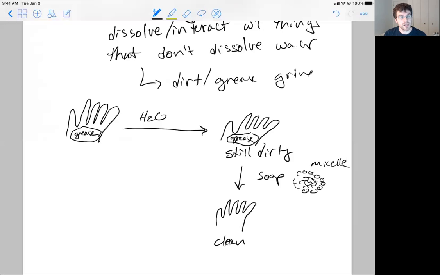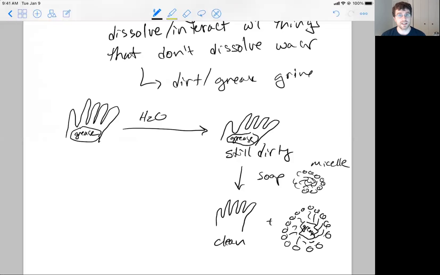Now, why is that? Well, the water couldn't productively dissolve or interact with the grease, but the micelle could. The micelle has these hydrophobic tails buried on the inside of the sphere, and those hydrophobic tails will dissolve the grease.